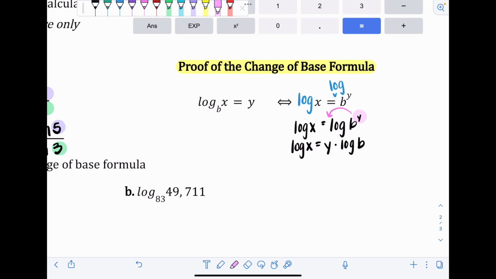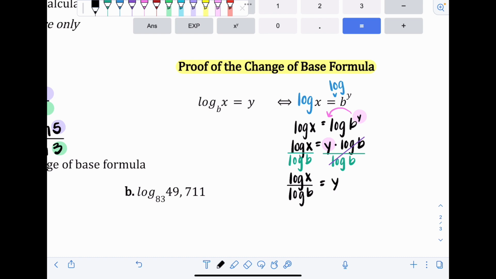And then now I just want to get y by itself. Log of b is being multiplied by y, so I'm going to divide both sides by log of b. Then I have log of x over log of b equals, and on this side, the log b divided by log b cancels out, so I just have y.